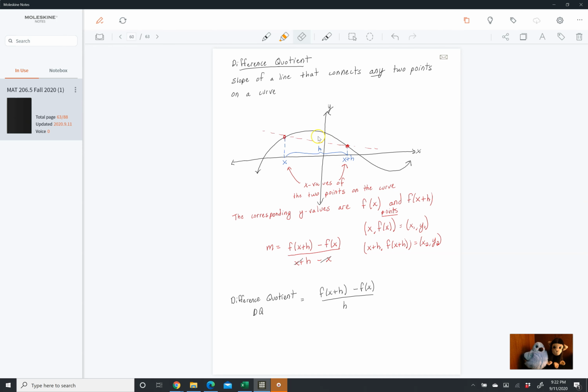As h gets smaller and smaller and smaller, what is the slope of the line connecting the 2 points? So we see that this is our slope. If I moved to the point over here and I connected this line, what would happen? If I moved the point over here, what would happen to that line, the slope of that line? And if I move the point right here next to the first point, what would the slope of that line be?